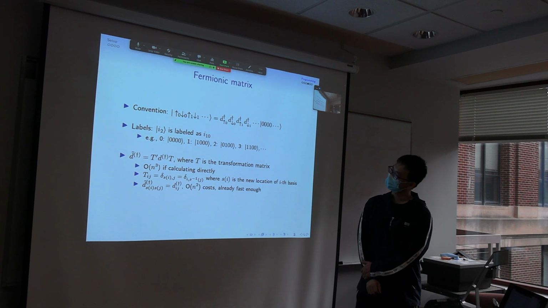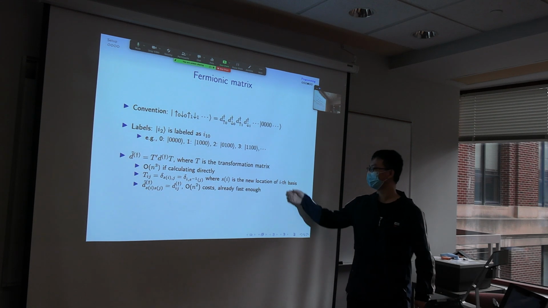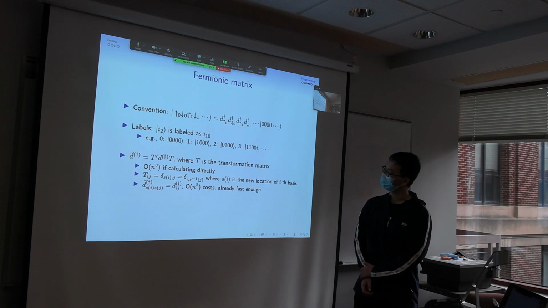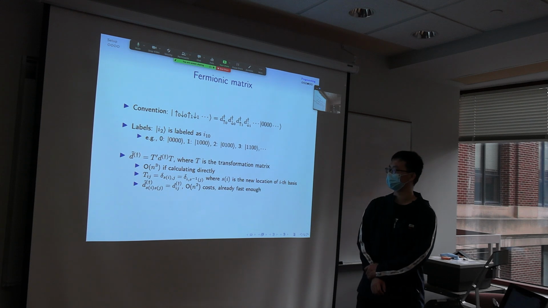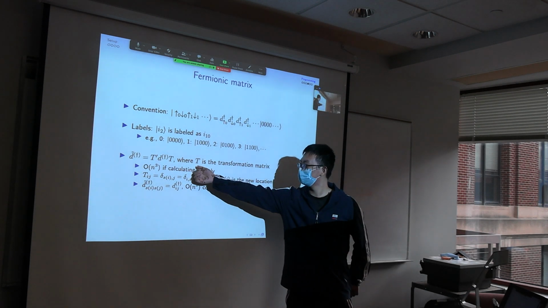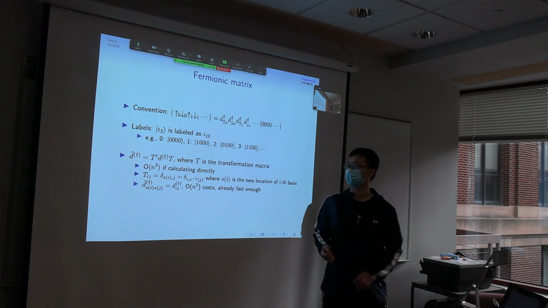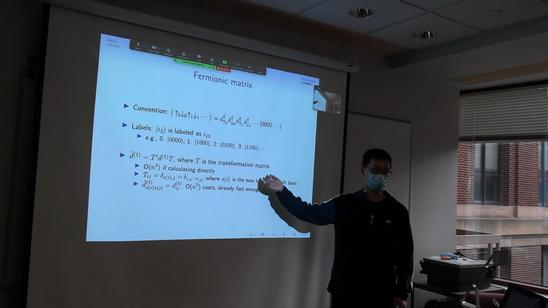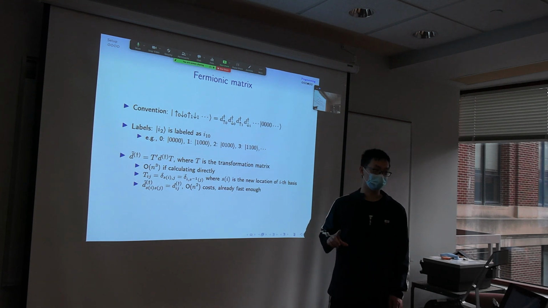And I just made a little modification to accelerate the calculation of the block diagonalization. I will introduce how to do the block diagonalization later. The main thing is to find the transformation matrix to change the order of the bases.